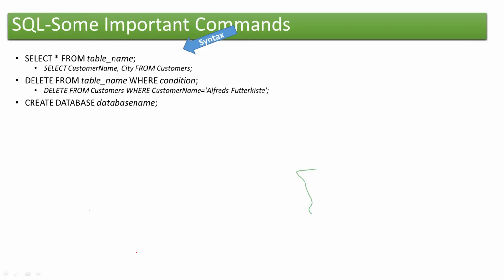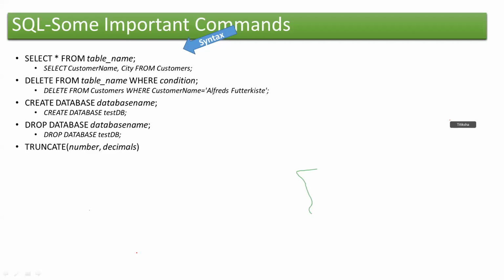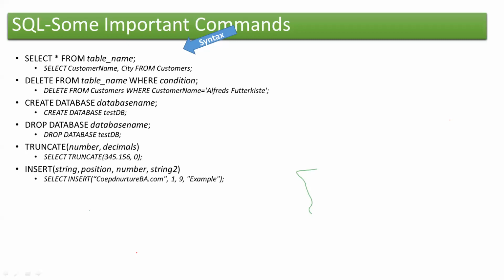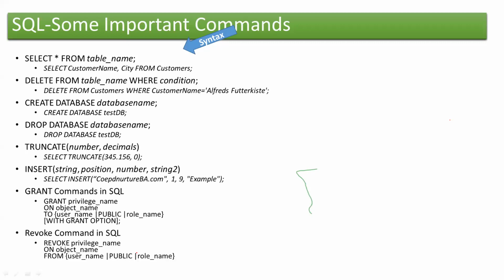Create database, with a database name like test DB, you will not have the option. Drop also, we will not have the option. Truncate, then insert. The grant command in SQL, you will be given grant, we cannot type it for ourselves. And the revoke command.